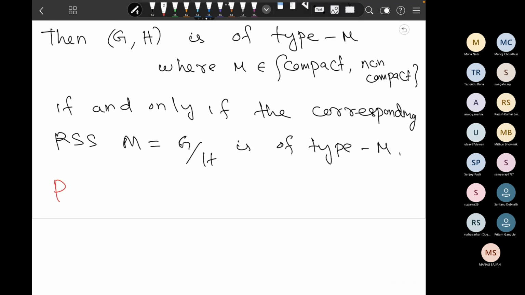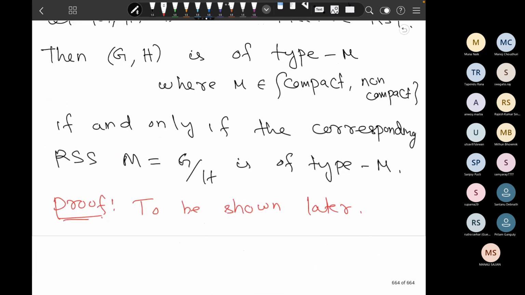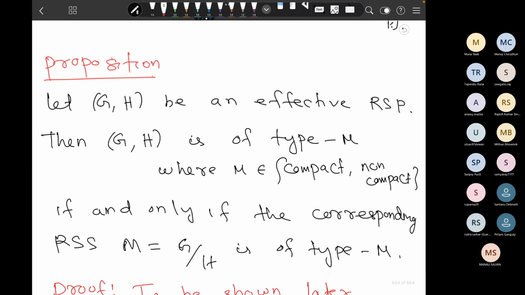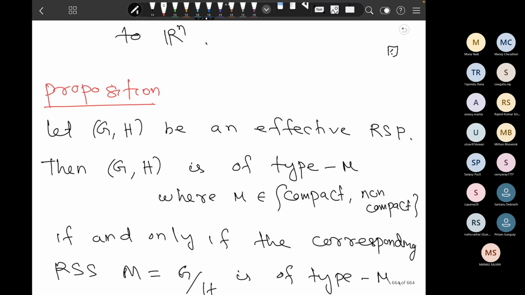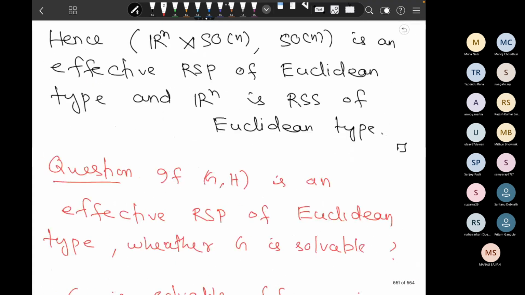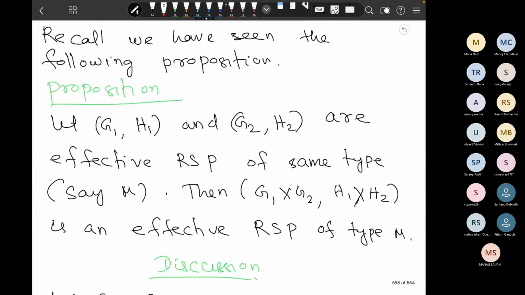I will do the proof of this later. Using this proposition and the fact which I have told, let G1, H1 and G2, H2 be effective Riemannian symmetric pairs of type mu.